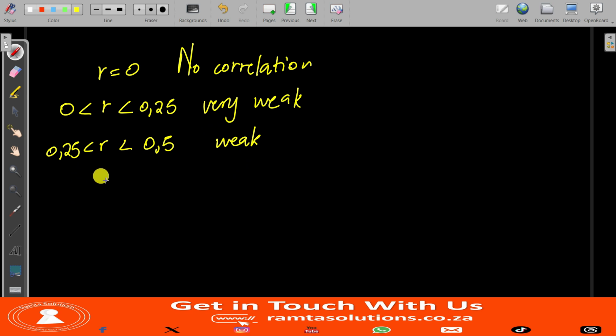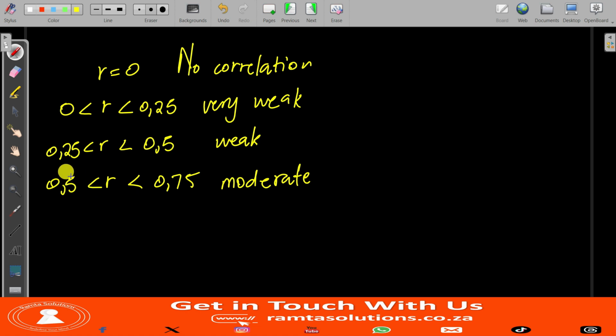Now, if your R is greater than 0.5, but less than, let's say, 0.75, you can say you have a moderate relationship, or a moderate correlation. Remember, when I say relationship, I can also mean correlation. I'm going to be using them interchangeably.